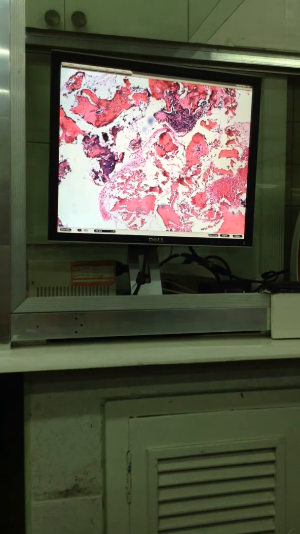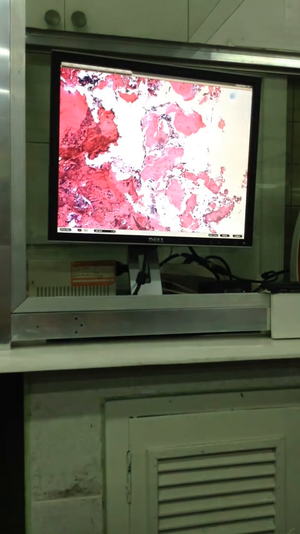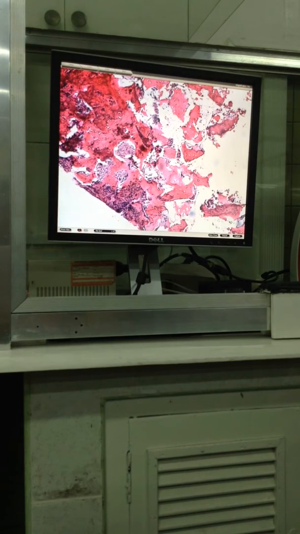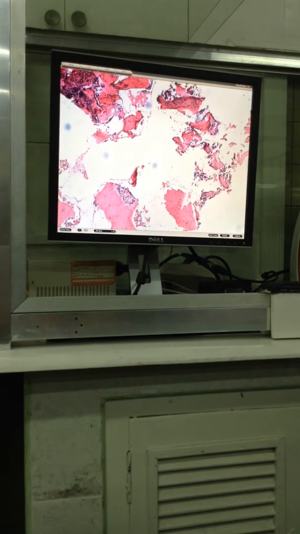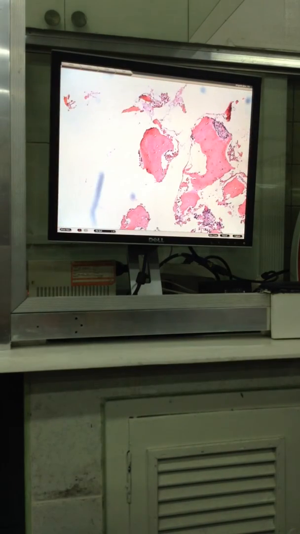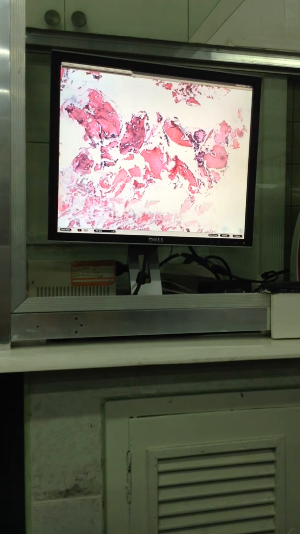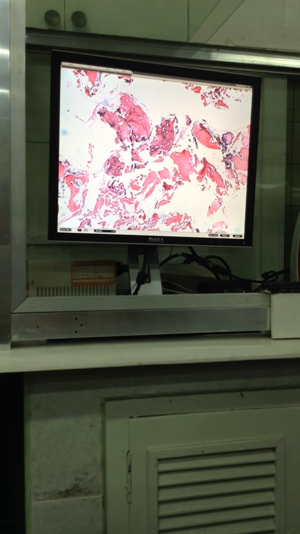So this is more in keeping with the benign bony tumor. Again, when we say benign, you will be able to appreciate the tumor cells or the tumor to be close to the tissue of origin.